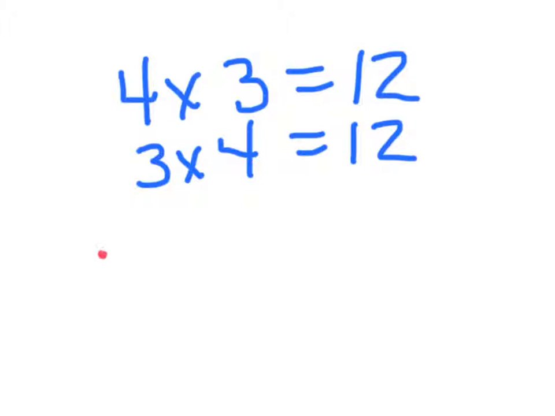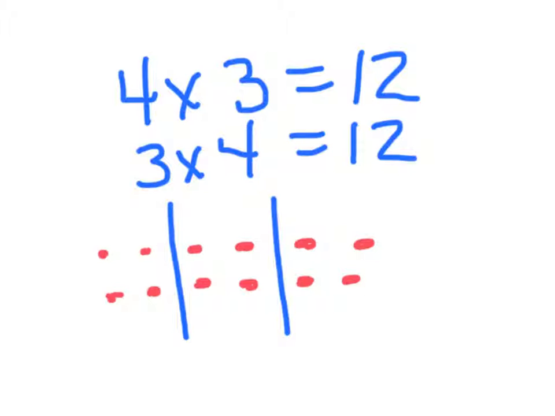If we start with 12 items, and we divide it into 3 parts, starting here, 12, dividing into 3 parts, will we end up with 4 in each group? We'll separate it into 3 different sections, and we indeed end up with 4 in each group.